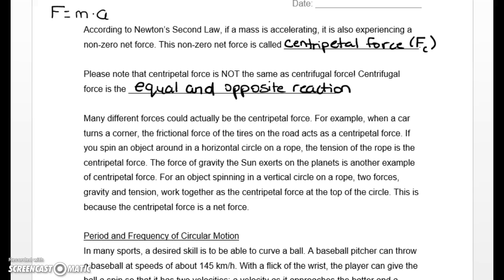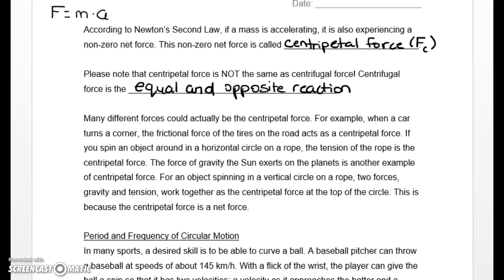For an object spinning in a vertical circle on a rope, two forces, gravity and the tension from the rope, work together as the centripetal force at the top of the circle. And this is all because the centripetal force is that net force. So we're actually going to look at some examples in the next lessons, talking about this vertical and horizontal sort of circular motion.